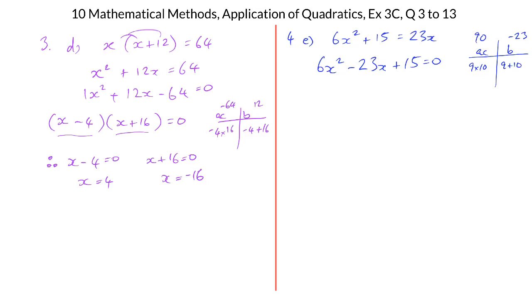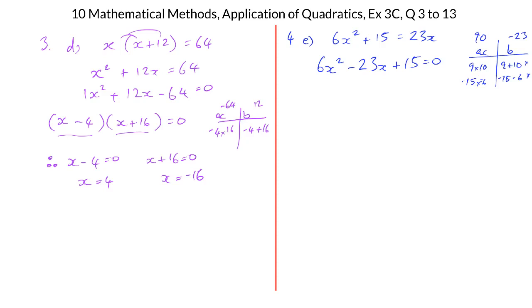We're going to need two negatives. 15 times 6, and if they're both negative, I end up with negative 15 minus 6, which is negative 21. That doesn't work, so, and this is the thing, you just do trial and error until we actually find the right one.